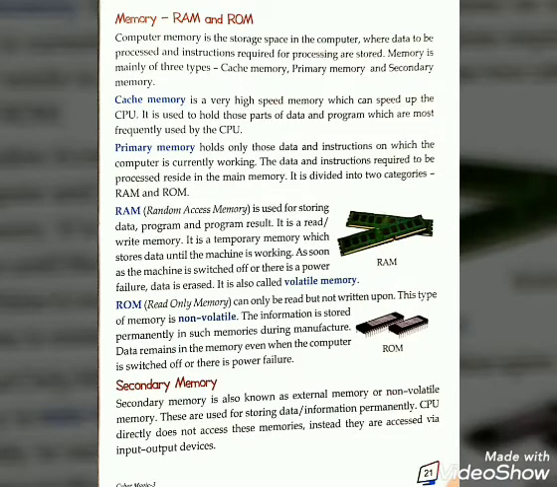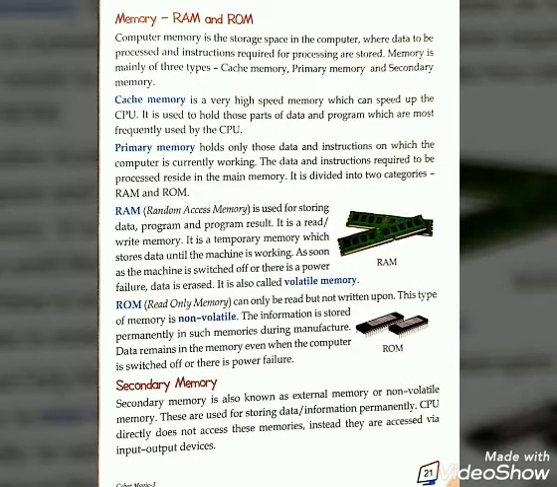It is temporary memory which stores data until the machine is working. As soon as the machine is switched off or there is a power failure, then that data is erased. It is completely erased, and it is also called a volatile memory.